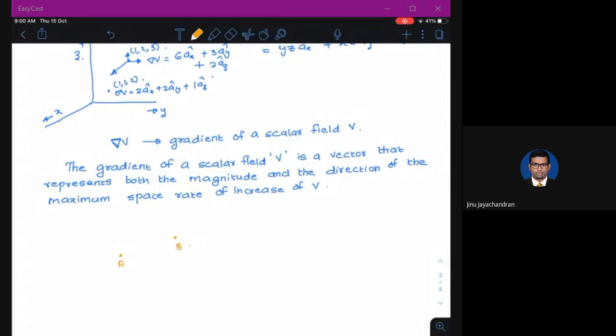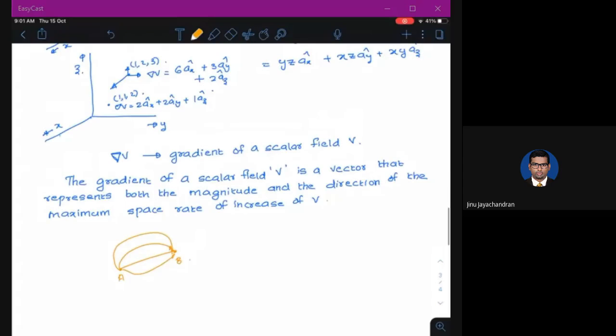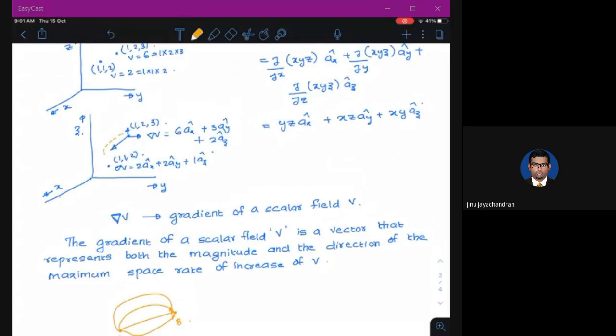If you move from A to B, you can move in either like this or like this or like this. So you have infinite possible ways. Now, in which direction you move will have a maximum rate of increase of your scalar. For example, here, if you move in the x direction, you have the maximum increase because you have the maximum magnitude in the x direction.